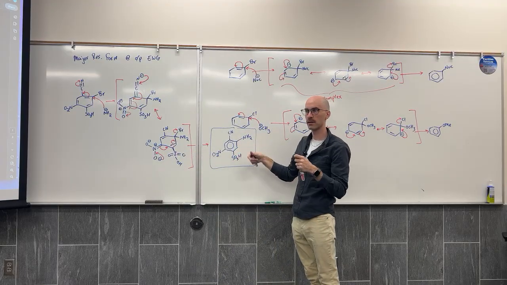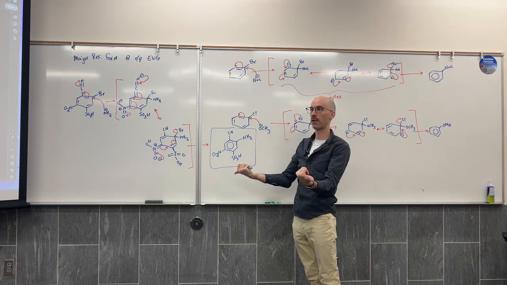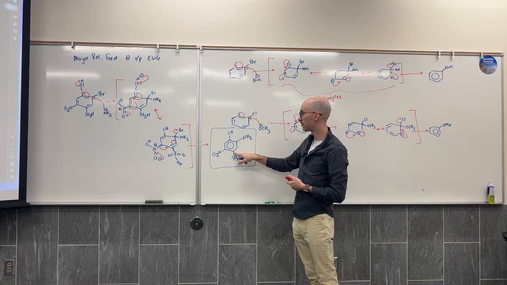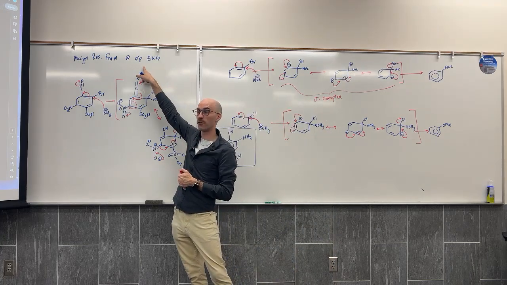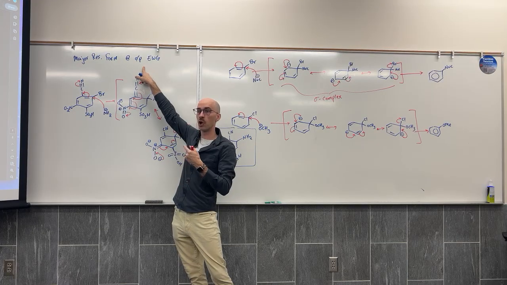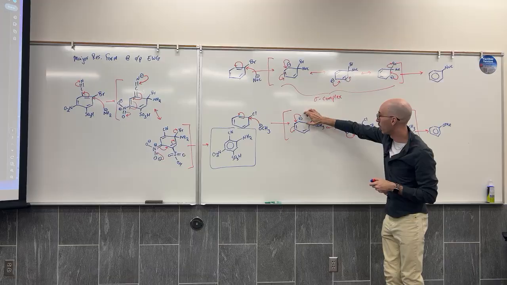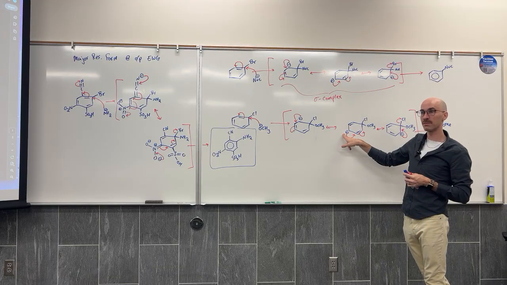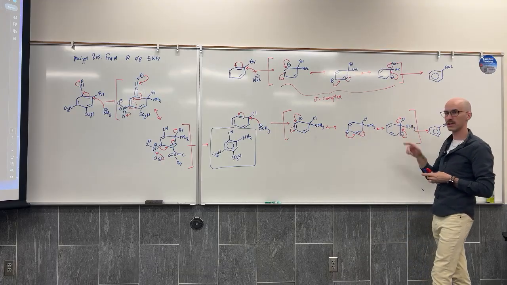Ortho is adjacent. Meta is 1,3. Para is opposite. Oh, so it's meta. There you go, which is why it's not involved in the resonance forms. It will only be involved in the resonance forms if it's ortho or para, because the sigma complex puts the negative charges ortho and para to the leaving group.